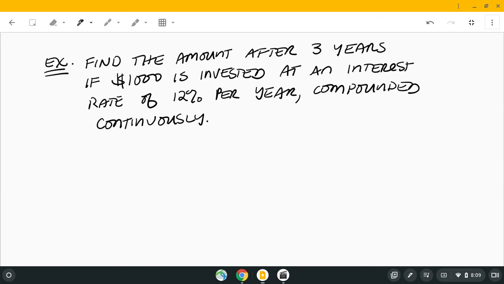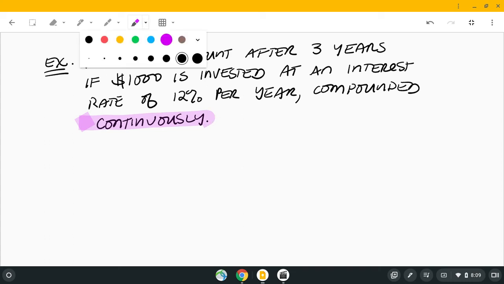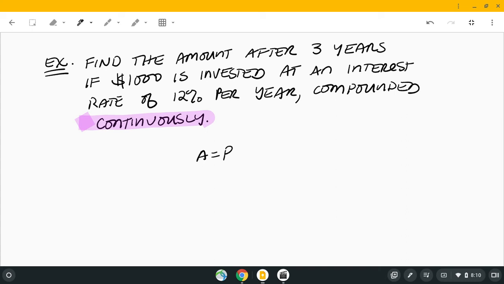The key word here is this word right here, continuously. Make sure that you are aware of this word. As soon as you see that word continuously, you know you're going to be using A equals P e to the r t.